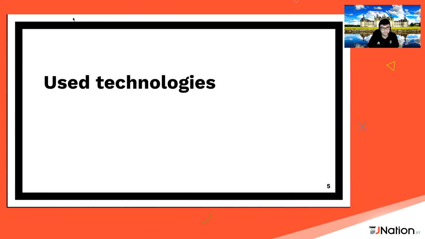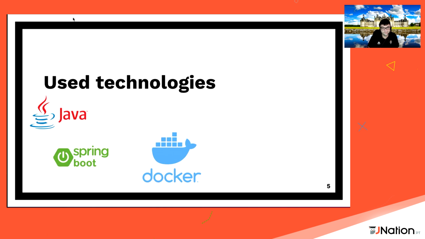So here are the technologies I used during my last cloud project. And I will illustrate all the tips I will explain in this presentation with these technologies. First of all, Java, Spring Boot, of course.